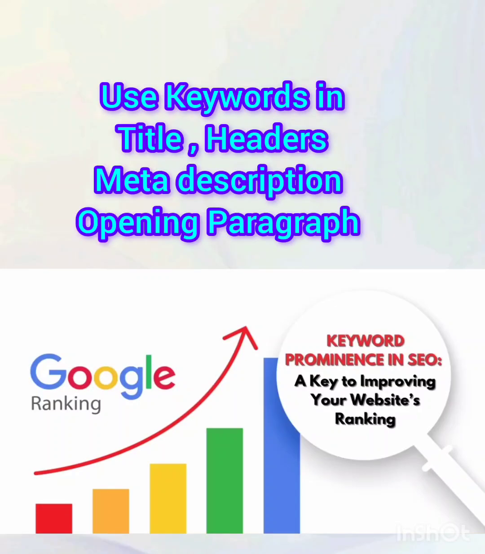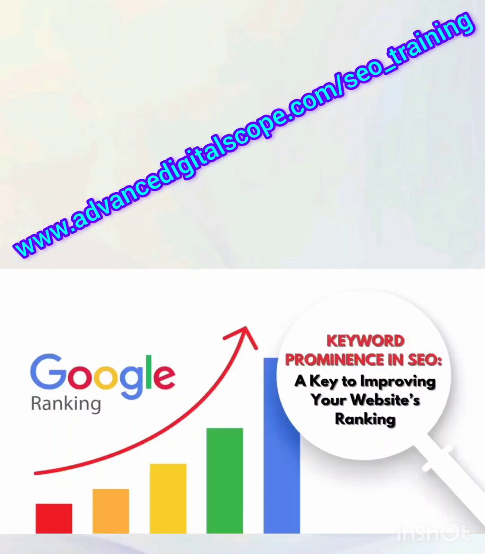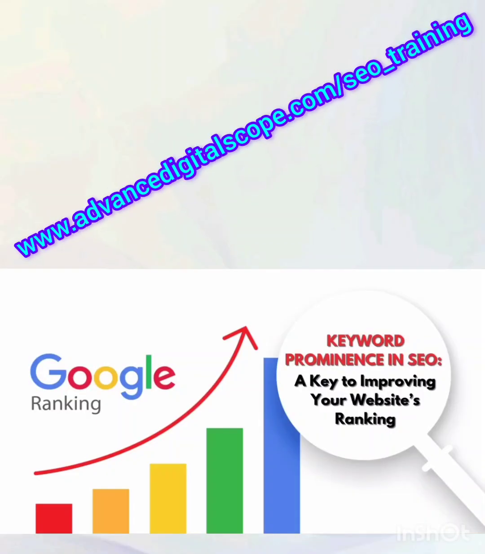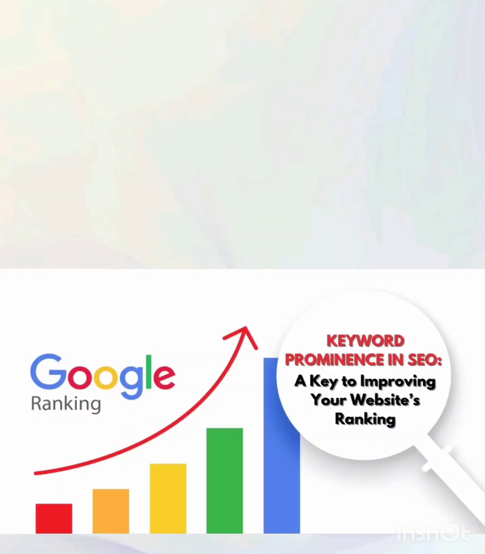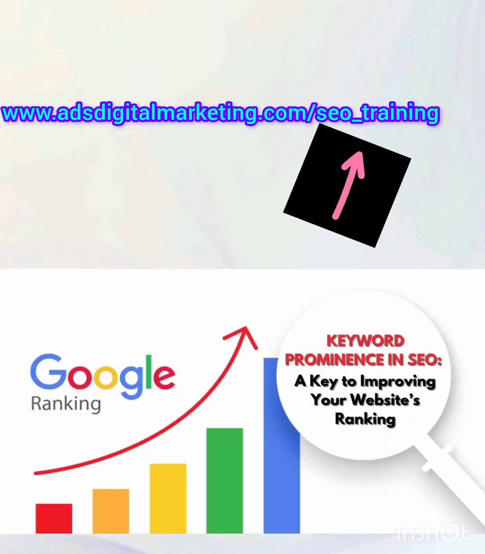You can also use the keywords in the URL structure, having keywords in the web addresses as well. For example, www.advanceddigitalmarketing.com/SEO-training, which is called a slug that can be changed in coding with the help of a developer.